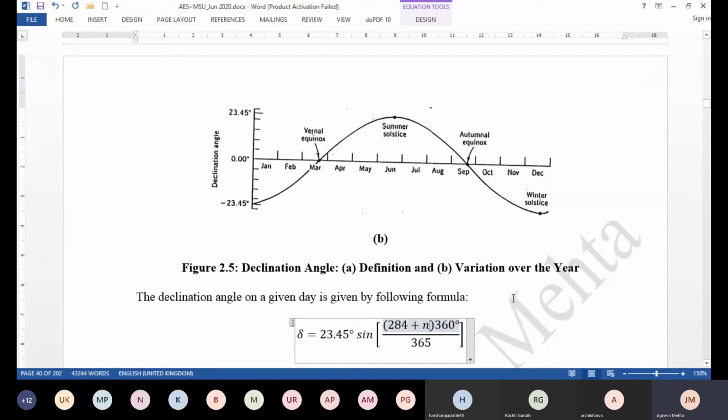That is the declination angle, the angle made by the sun ray with the equatorial plane.